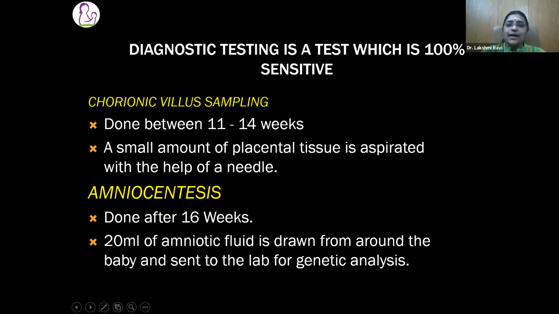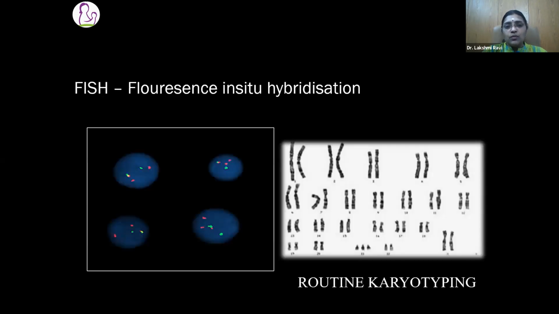Chorionic villus sampling is done between 11 to 14 weeks, where you take a small amount of placental tissue and subject it to analysis, whereas an amniocentesis is done after 15 to 16 weeks, where you draw 20 ml of amniotic fluid and send it to the lab for genetic analysis. For results, you can have FISH, fluorescence in situ hybridization, where you get results in 2 days, after 48 hours, and then routine karyotyping with a turnaround time of 3 to 4 weeks.